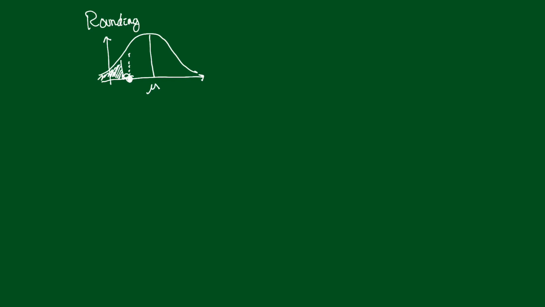That's the probability of having to replace something, right? So you always round down. So I'm going to say this: if x is to the left of mu, round down.